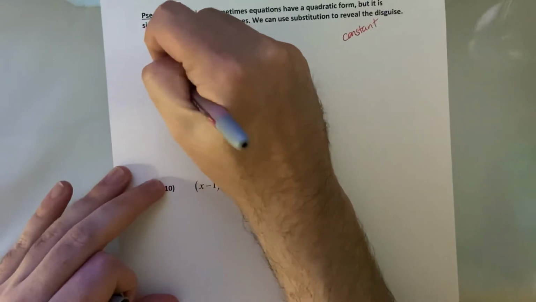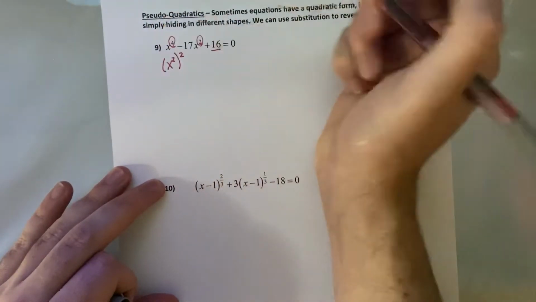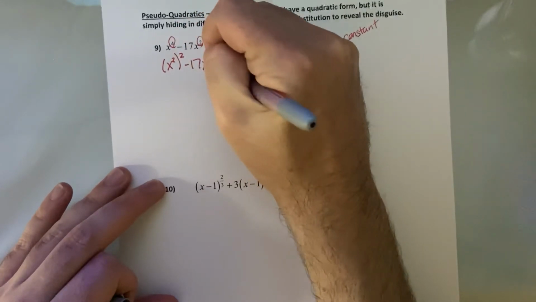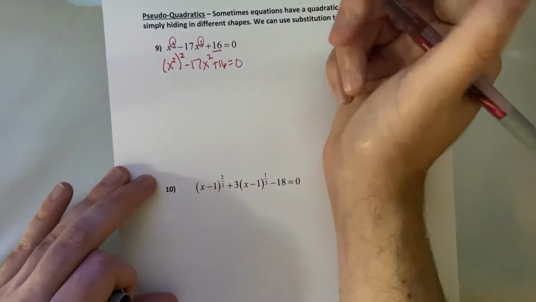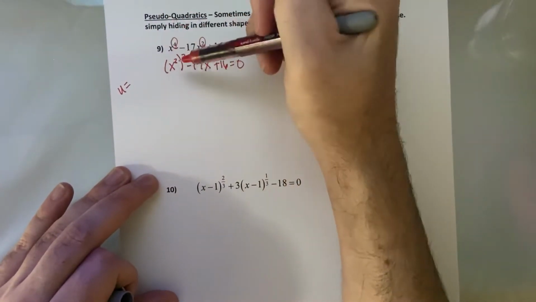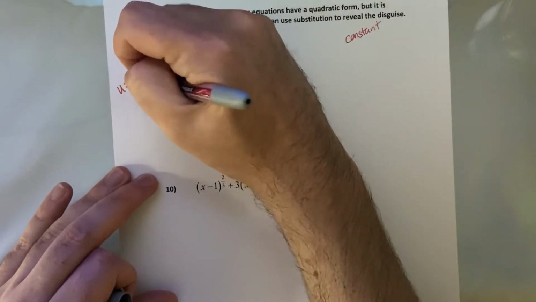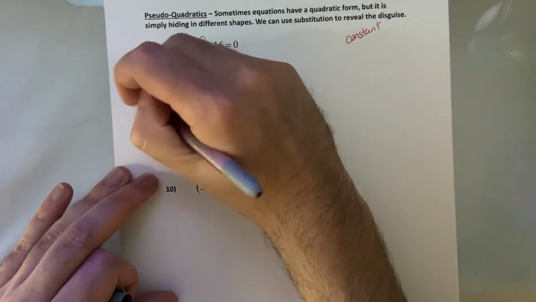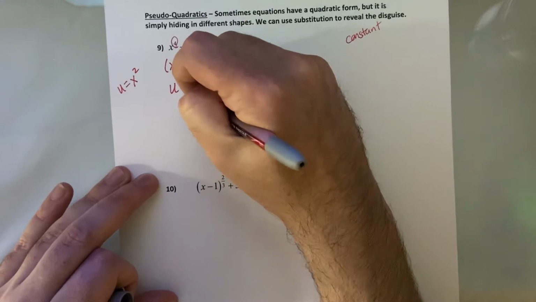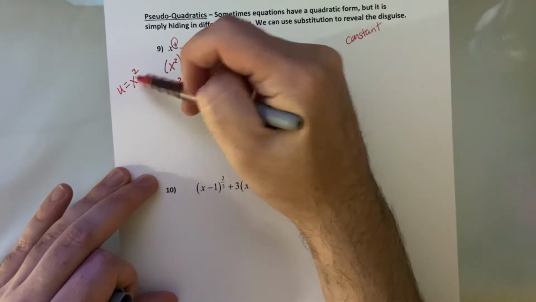Well, we can look at this as x squared, squared, because x squared squared is x to the 4th, minus 17x squared plus 16. So the way you're always going to work this is I'm always going to say u equals whatever's squared here, that's u. u equals x squared, so I'm going to substitute it in. u squared minus 17, and we know u equals x squared.